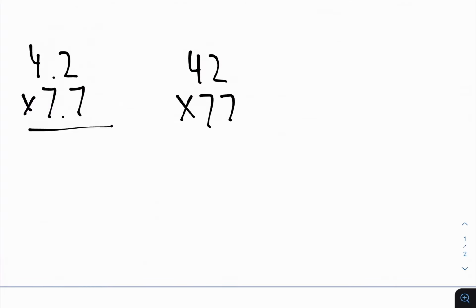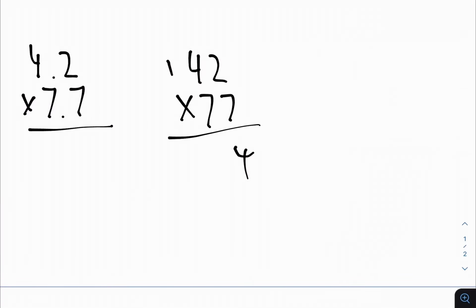Okay, let's try another example. So 4.2 times 7.7. So first, we can just multiply this as 42 times 77.